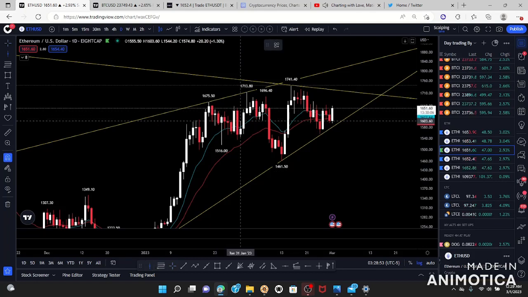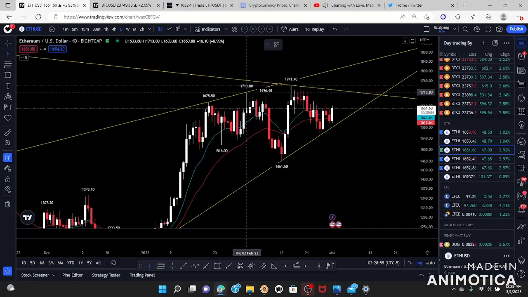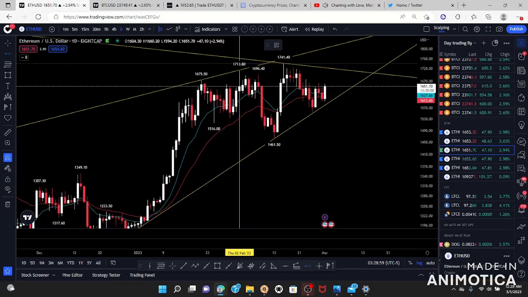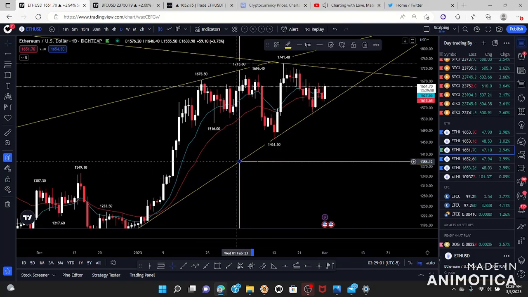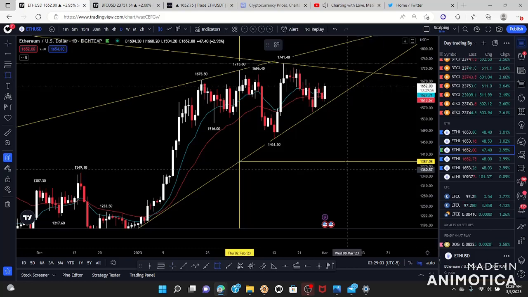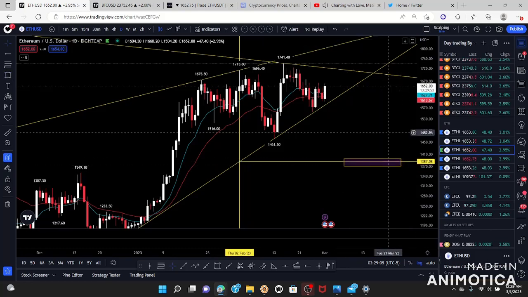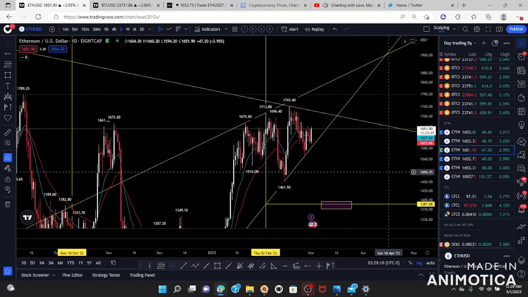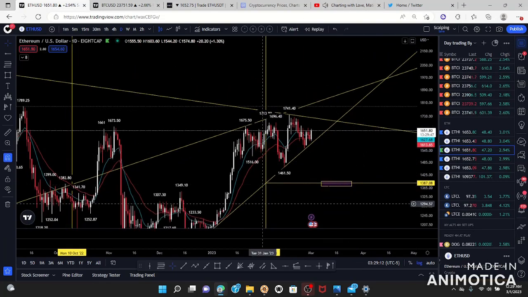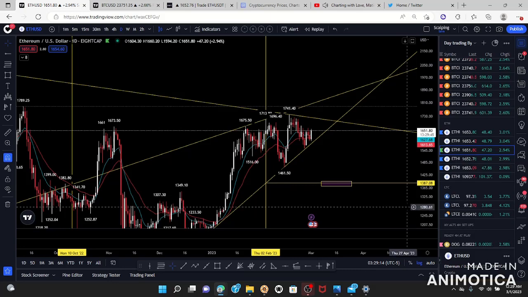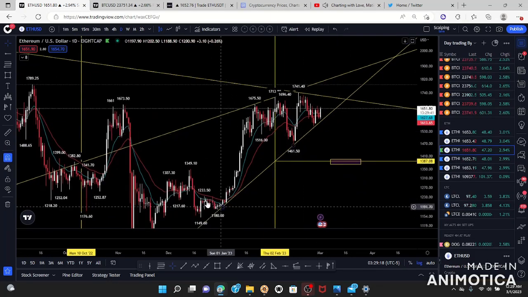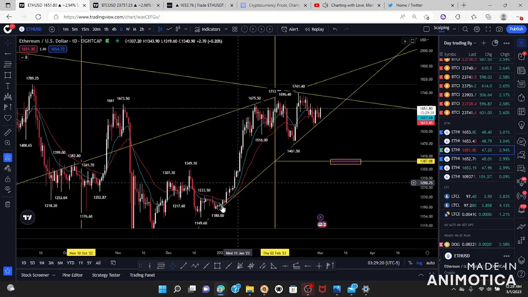You want to put a vertical line on the highest price action, that would be 1713, and then mark right where it intersects, and that would be your daily target. So if this rising wedge were to fall down or roll over, I expect it to come down to 1387.